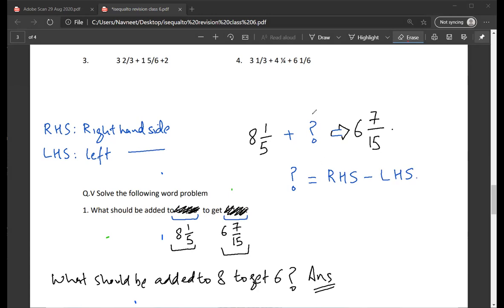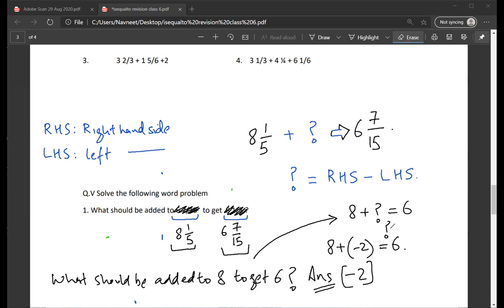So -2. This will be my answer because 8 plus -2 is equal to 6. Mr. Satya, is there a doubt? No. So, for example, for this question, if I have to make an equation, my equation would be 8 plus something would be 6.